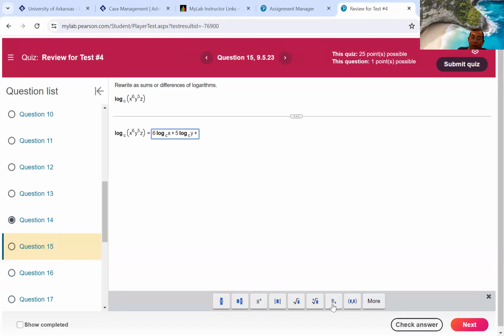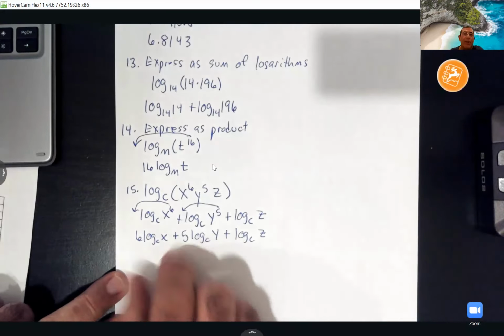And the last one was just log. Go down and get your subscript, put in the C, arrow right, and put in your Z. So that's the trick to those ones, making them look like your answers, okay?